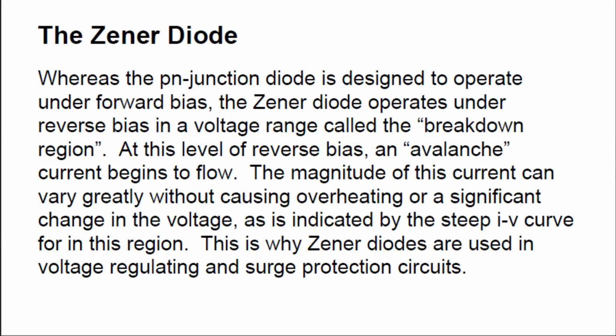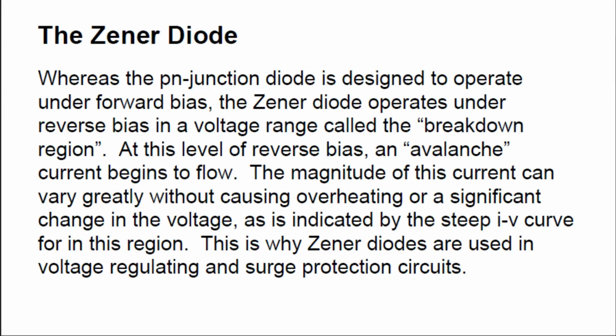And to understand how that happens, we've got to backtrack a bit and talk about what we did earlier concerning the reverse bias across a p-n junction diode. And we said earlier that when you apply reverse bias across the p-n junction diode, you're not going to get much current at all. You're just going to get that saturation current. And on the IV curve of the diode, let's go to our whiteboard and take a look at that.